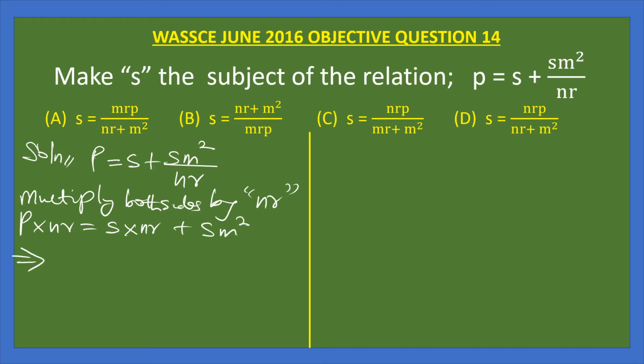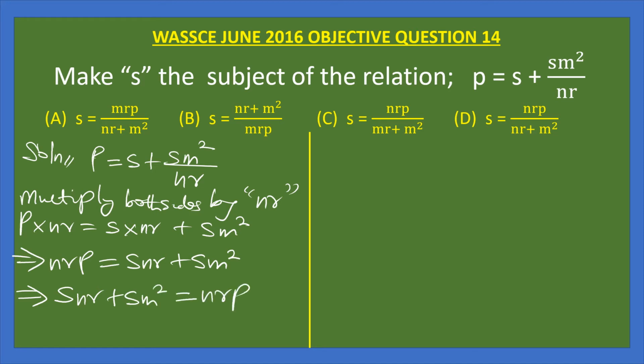This now gives us NRP as equal to SNR plus SM squared. We want to rewrite this equation as SNR plus SM squared as equal to NRP. It's still the same thing.